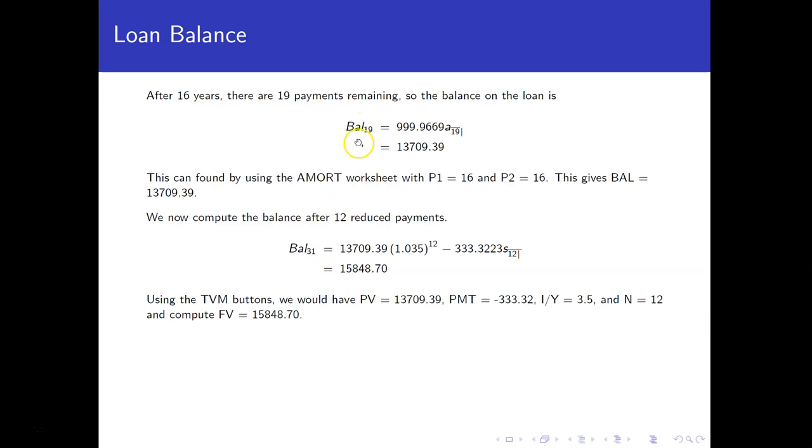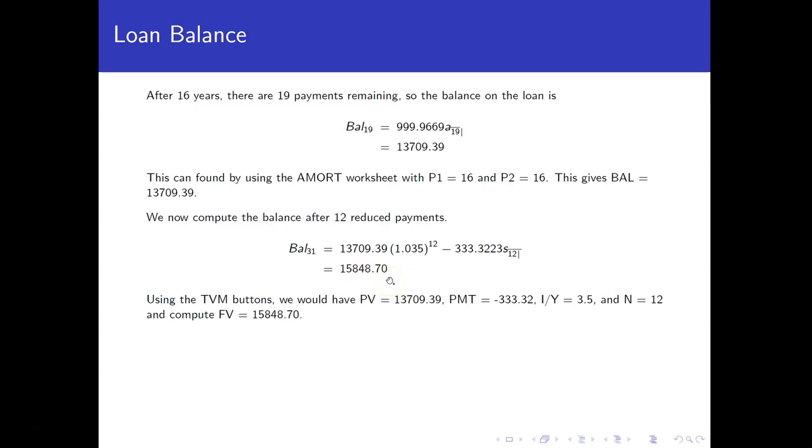We've already established this should be a 16, not a 19, so this should be a 28, not a 31 here. So this is the balance after 28 years, again using a retrospective method. We take the balance, move it forward 12 periods, and subtract off the future value of those 12 reduced payments. Notice in this case the balance goes up, like I mentioned earlier.